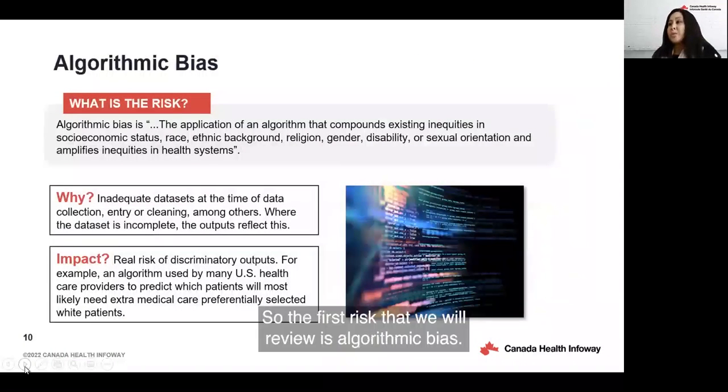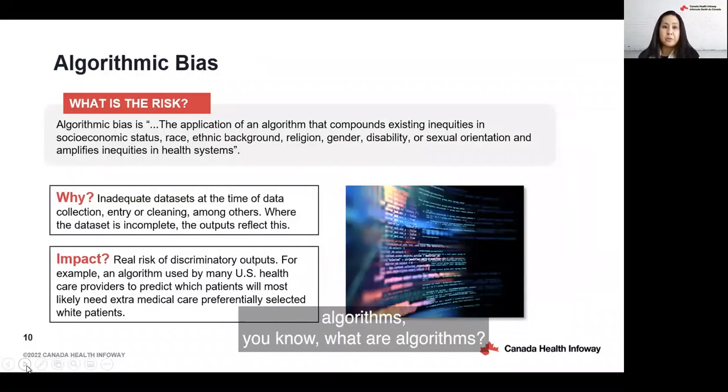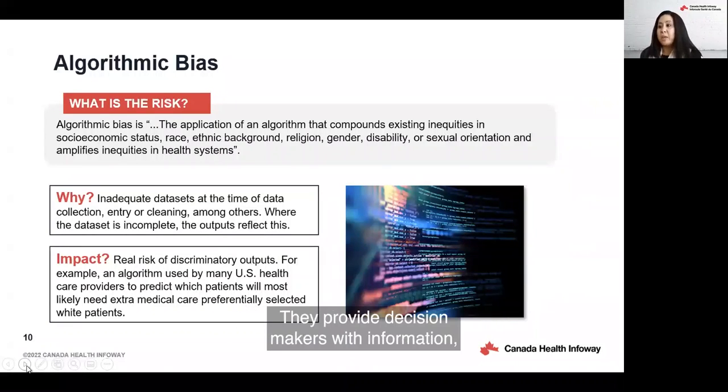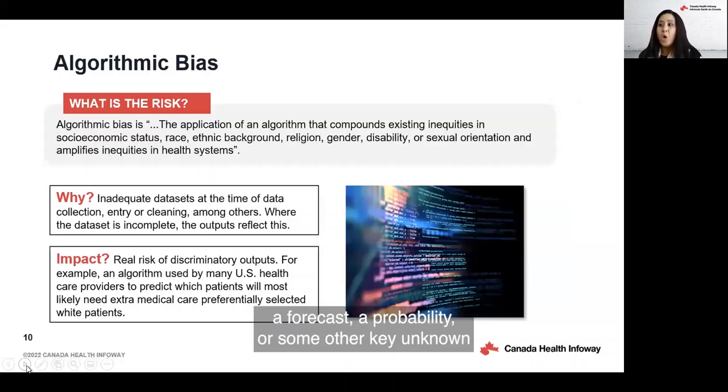Great. So the first risk that we will review is algorithmic bias, but we should understand what algorithms are. They provide decision makers with information, a forecast, a probability, or some other key unknown in order to improve the quality of decisions. So with the availability of mass data in healthcare, setting up algorithms for systems to perform a task has become more sophisticated.